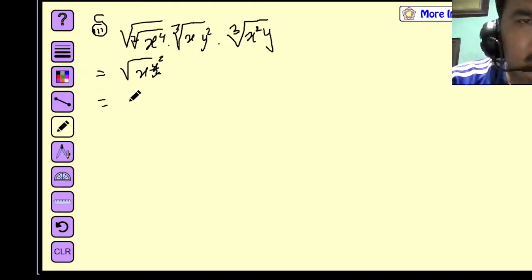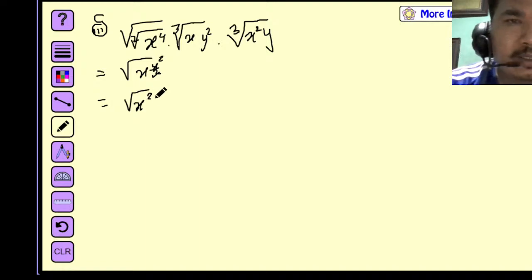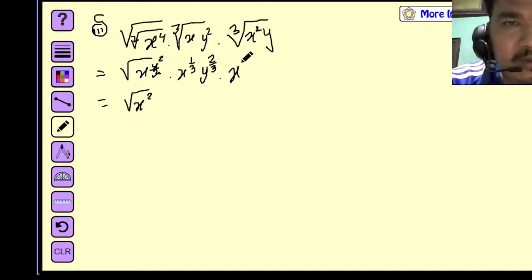Then here, the cube root cancels, then it will come x to the power 1 by 3, and y to the power 2 by 3 will be there, and here x to the power 2 by 3, and y to the power 1 by 3.